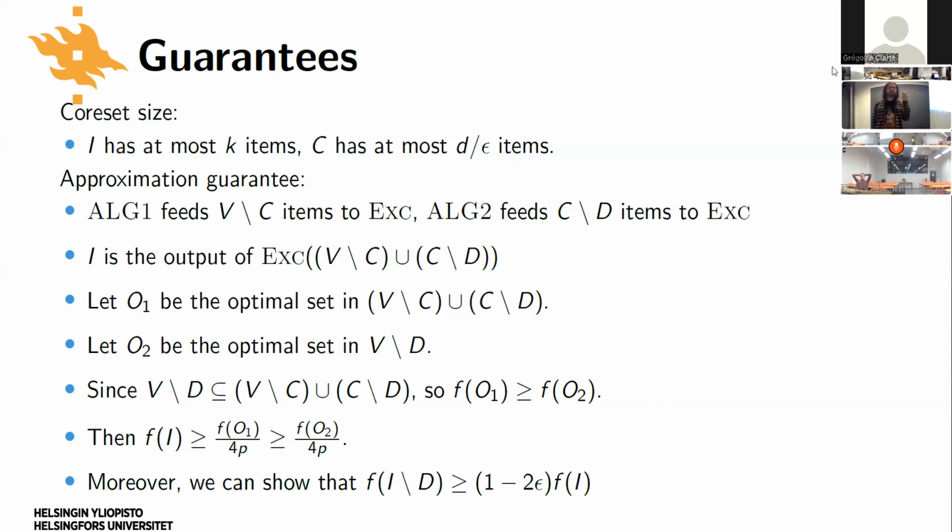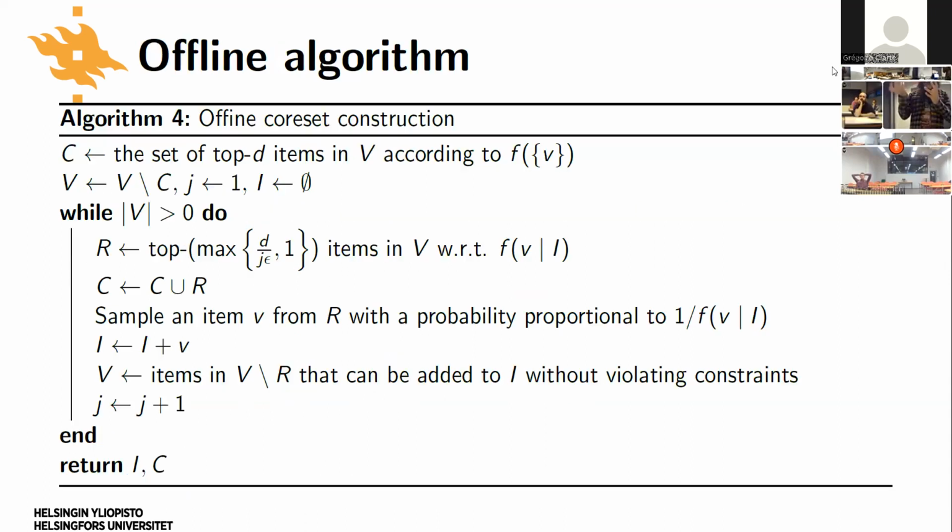There's a reason why we take D divided by epsilon items, and the reason how we sample small things. But if you modify these things, you will get something else.